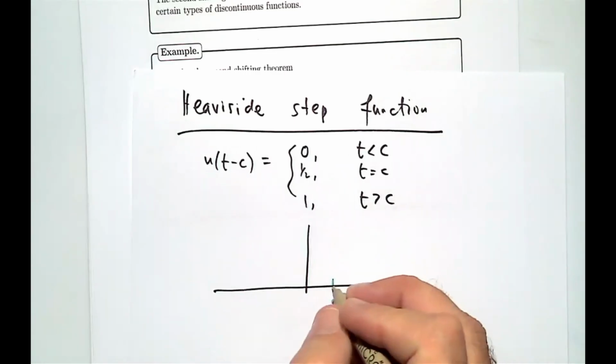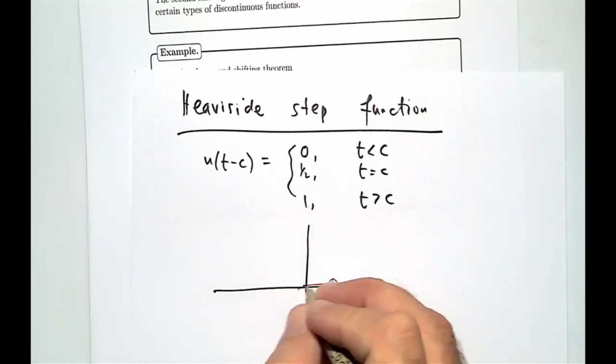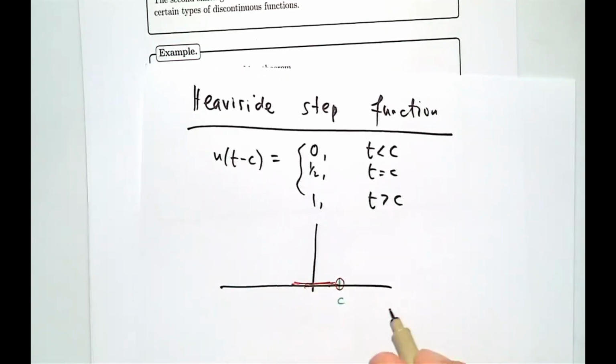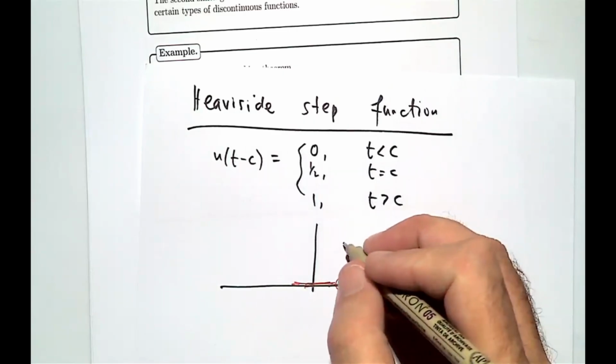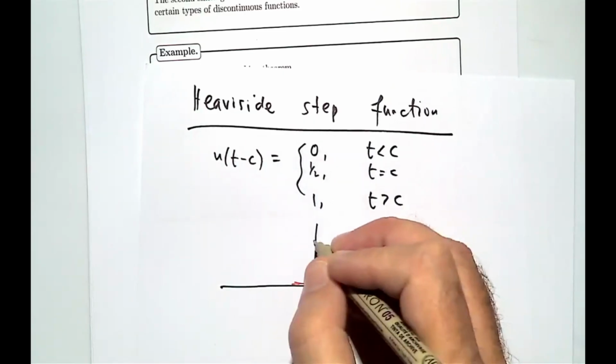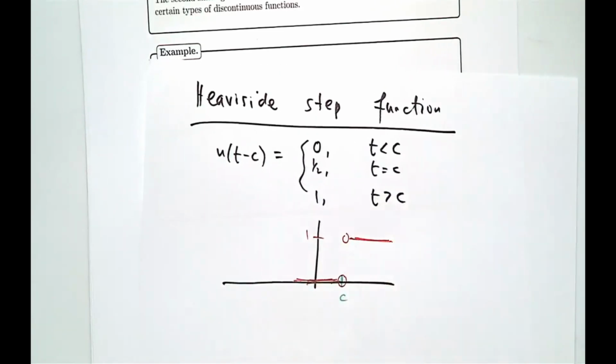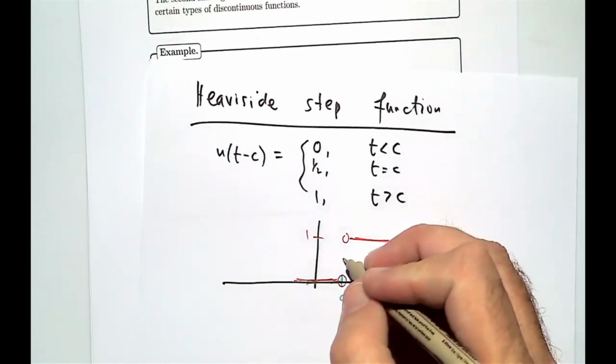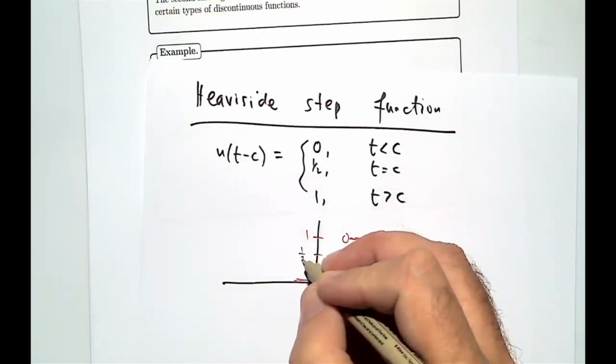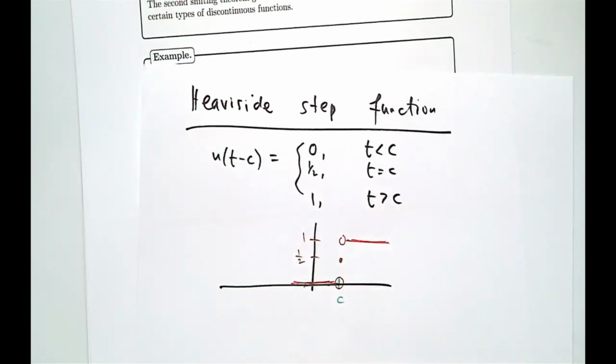To the left of C, the function is 0. To the right of C, it's 1. And at C, it's 1/2. Okay? So you can kind of think of it like a switch on the time axis.